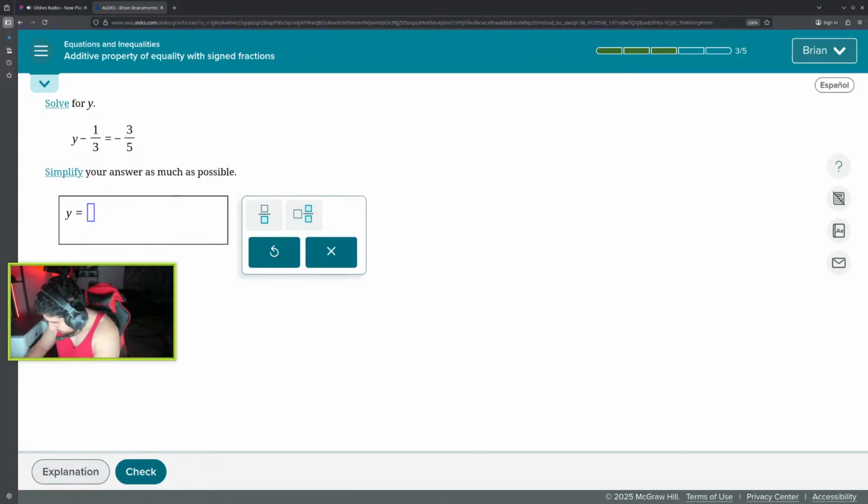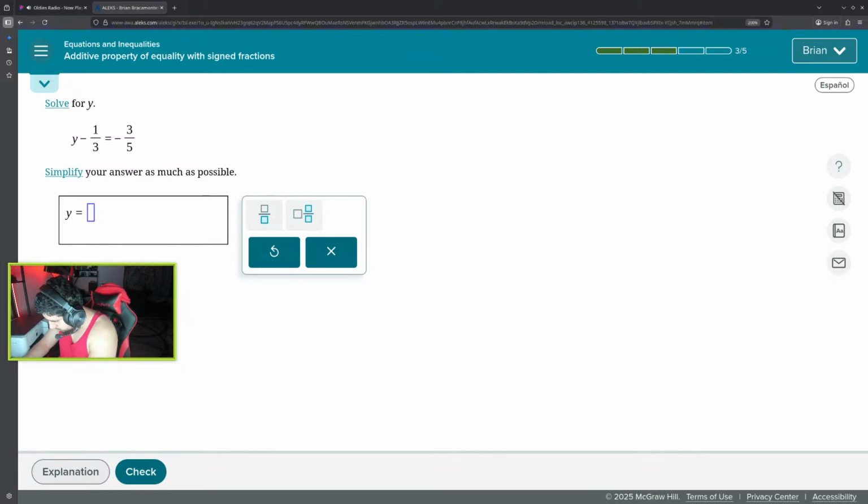Alright, y minus 1 over 3 equals minus 3/5. We need to isolate y, so let's go y equals minus 3/5 minus 1/3.